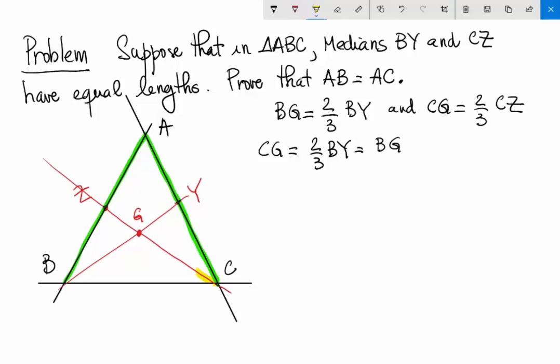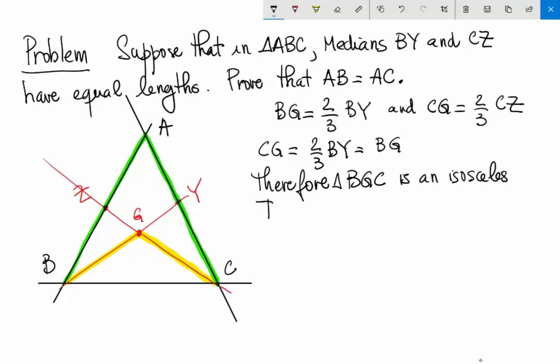So in other words, this is equal to this here. All right. So what we've shown thus far is that the triangle BGC is an isosceles triangle. And if I call this angle here alpha and call this angle here alpha prime, they're the same.